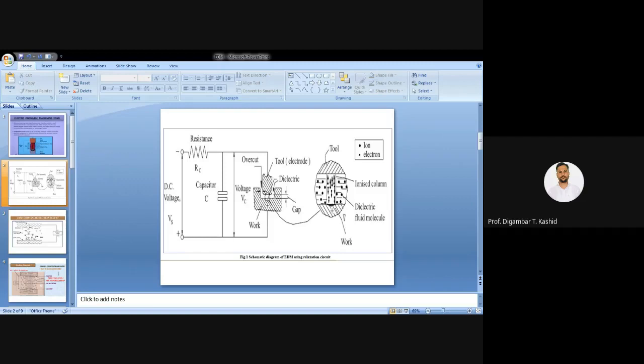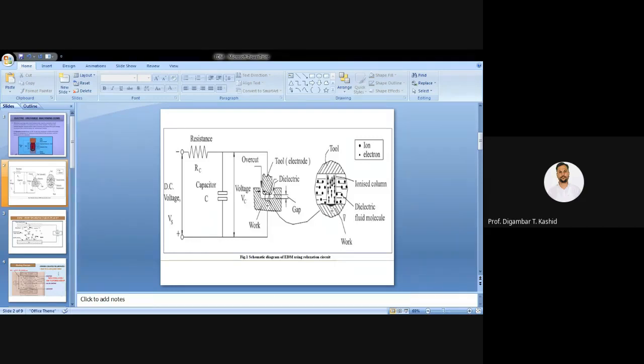Once again I repeat, while traveling through this dielectric fluid, your electrons collide with the neutral molecules or neutral atoms of your dielectric fluid. When electrons collide, electrons come outside from the neutral molecule or neutral atoms of your dielectric.